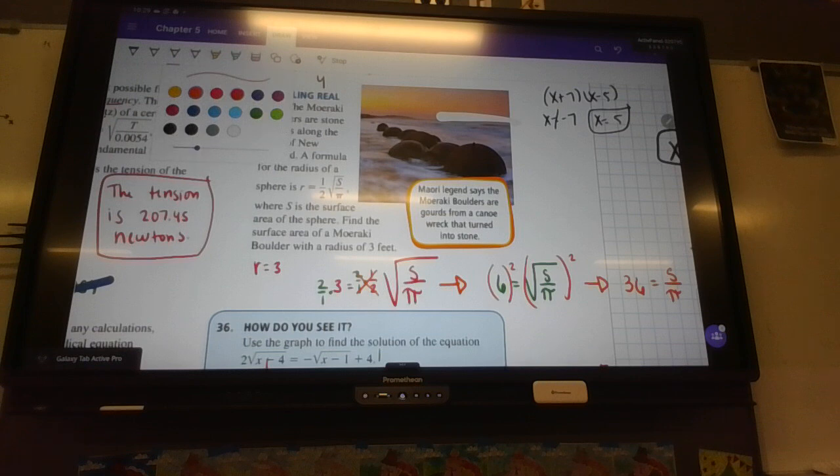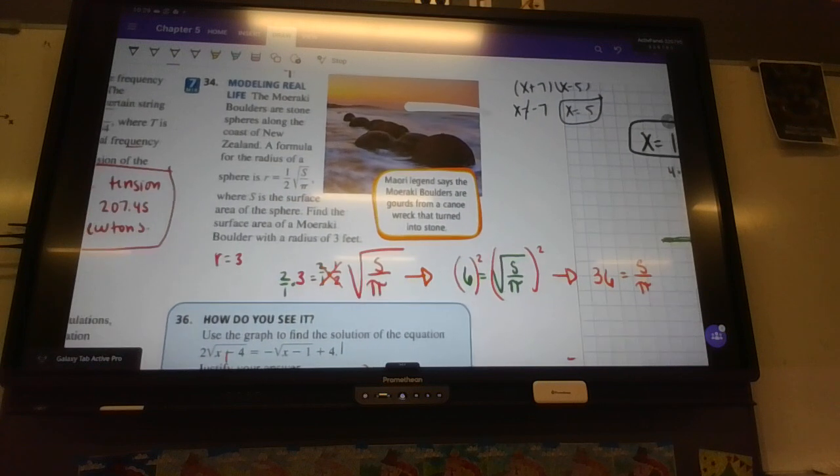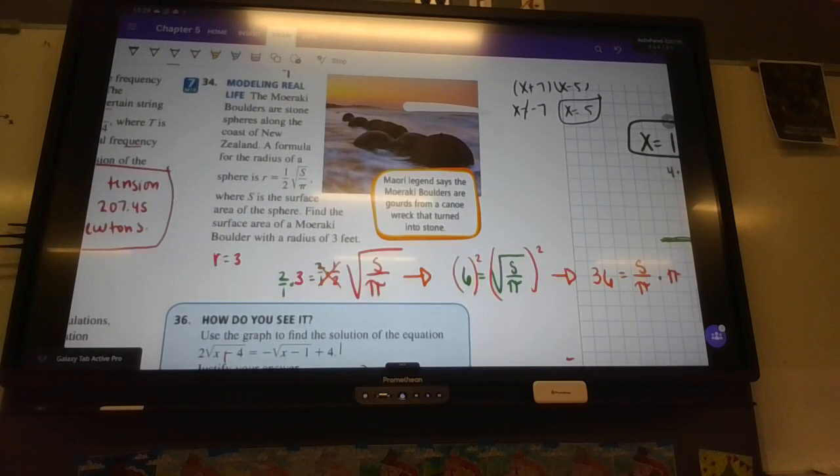We're solving for s, so we'll multiply both sides by pi. And so we're at 36 pi equals s. And so leaving the pi there is exact form.